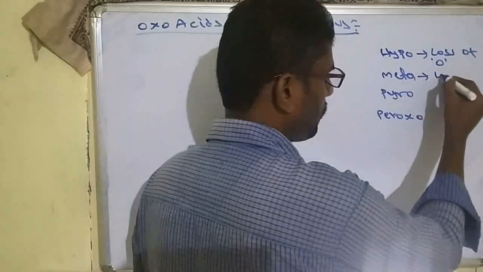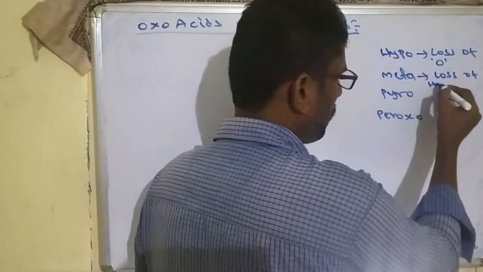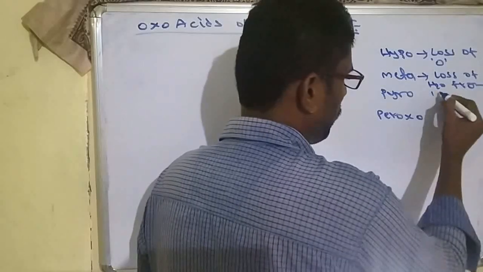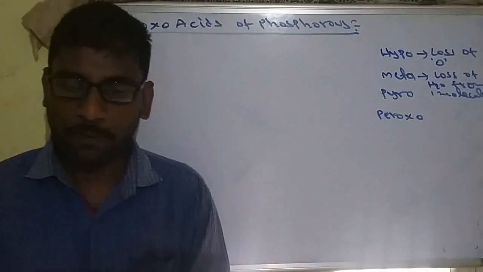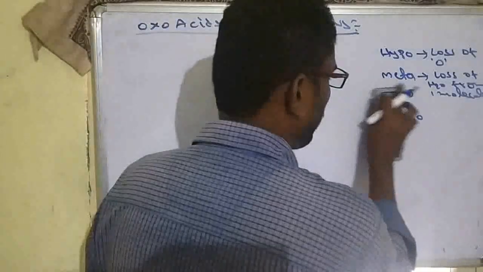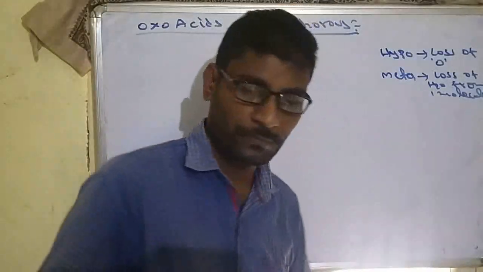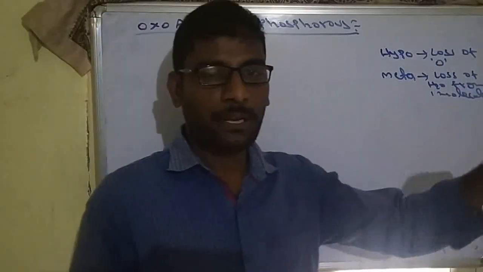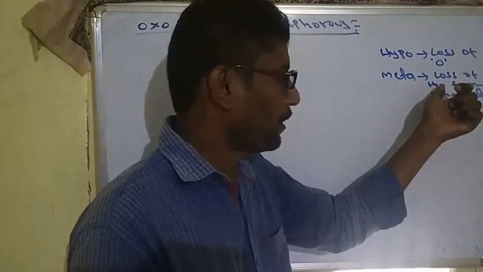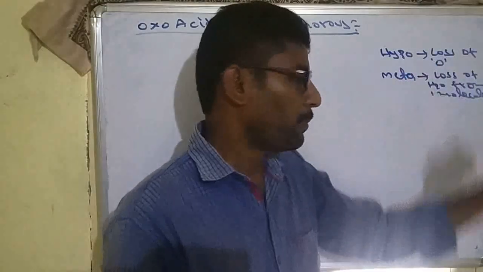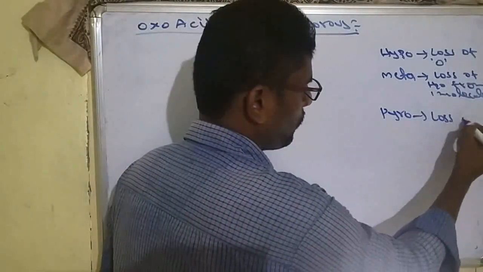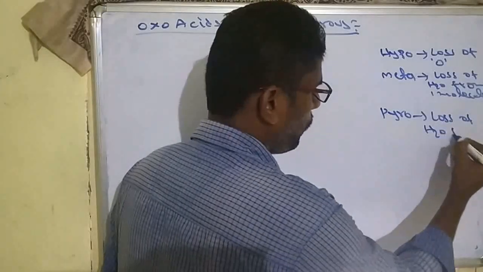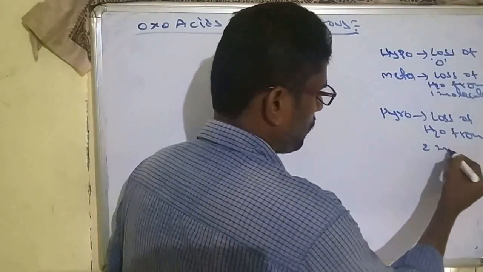Meta means loss of water from one molecule. When you remove water from one molecule, the remaining product is called meta. Hypo means after losing oxygen, the product is called hypo. After losing water from one molecule, the product is called meta. Pyro means loss of H2O from two molecules.